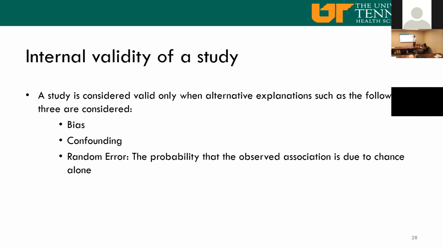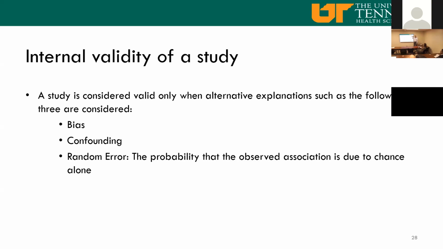So we mentioned random error at the beginning. Random error is usually the probability that the observed association is actually due to chance alone. Usually, we set a critical value or a significance level, which is 0.05, and you say if my p-value is less than 0.05, there is a significant association.